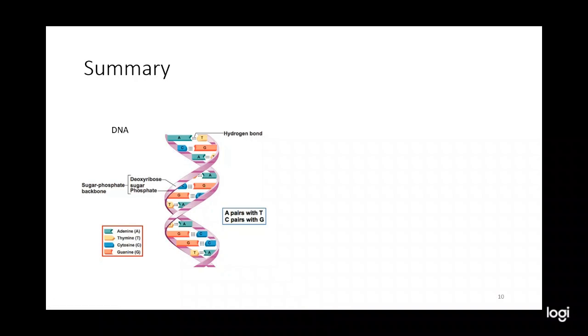Each nucleotide is named based on its nitrogenous base. For example, adenine is A, guanine is G, cytosine is C, and thymine is T.